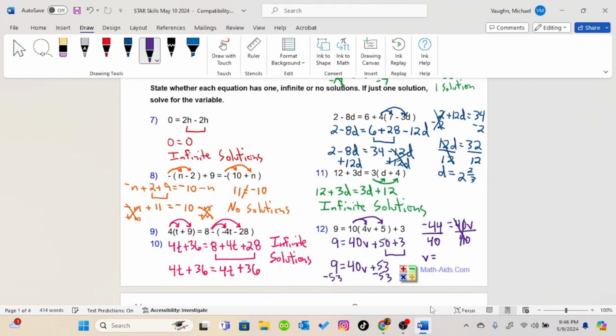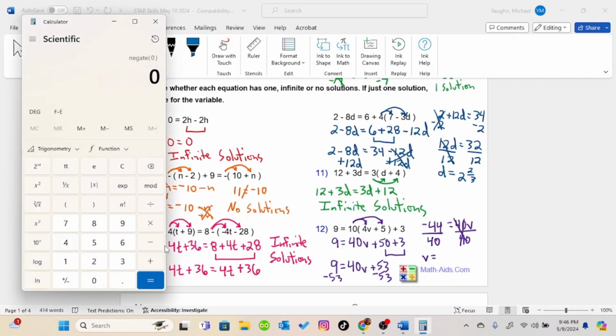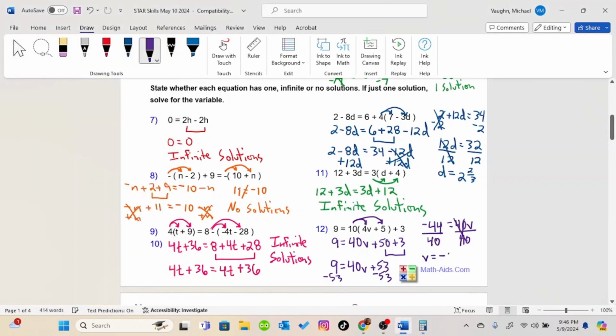And we get v equals negative 44 divided by 40 equals negative 1.1. So there's one solution.